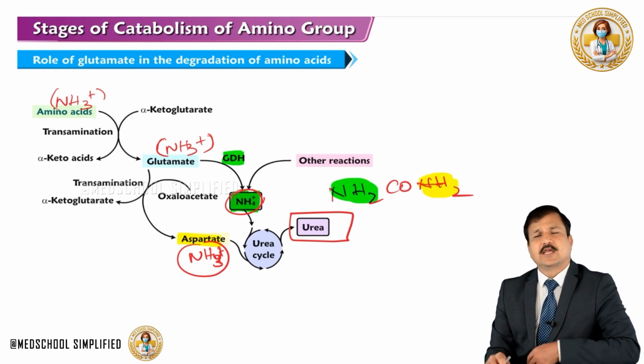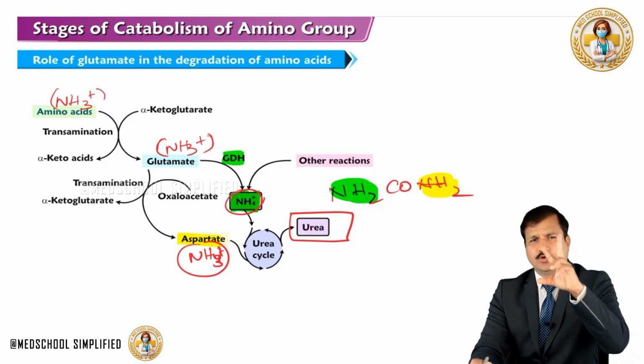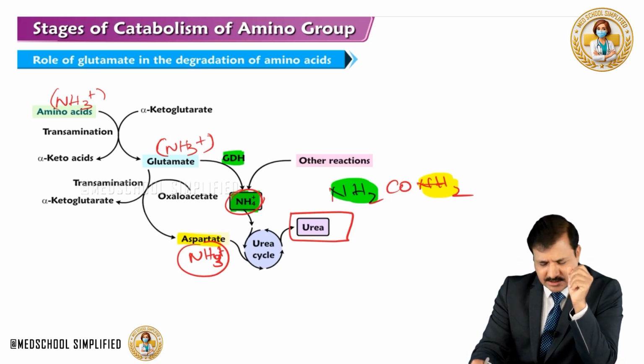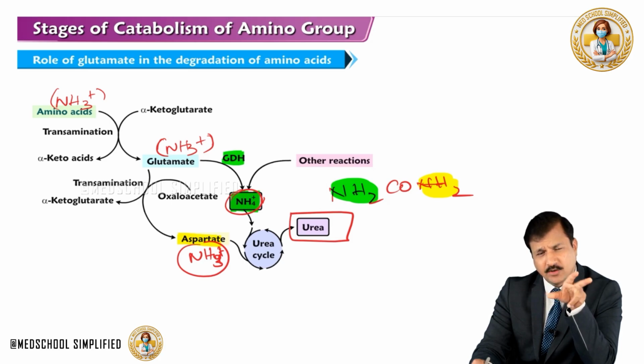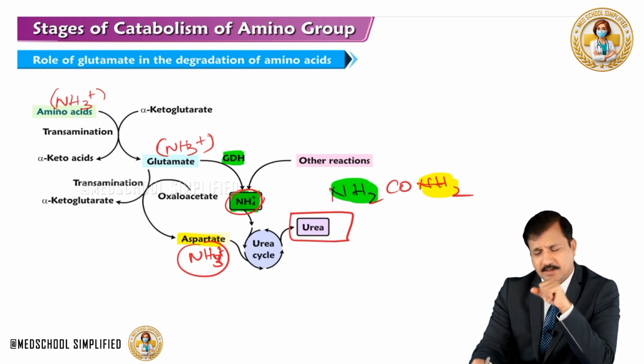So that means in a urea molecule, the nitrogens come from two glutamates: one glutamate going into the glutamate dehydrogenase reaction, releasing ammonium ion, and that ammonium ion going into the urea cycle, contributing one of the nitrogens in the urea that is made, and another glutamate going into the aspartate transamination reaction, making aspartate and giving the second nitrogen of urea.